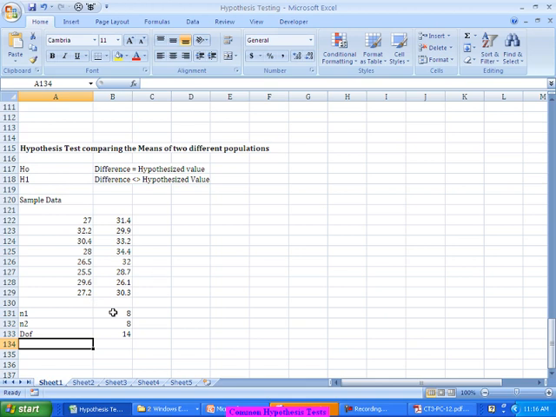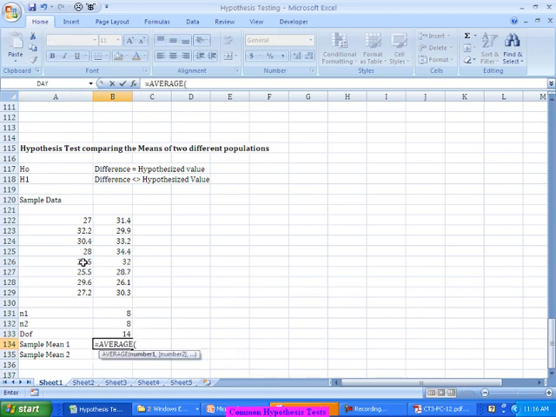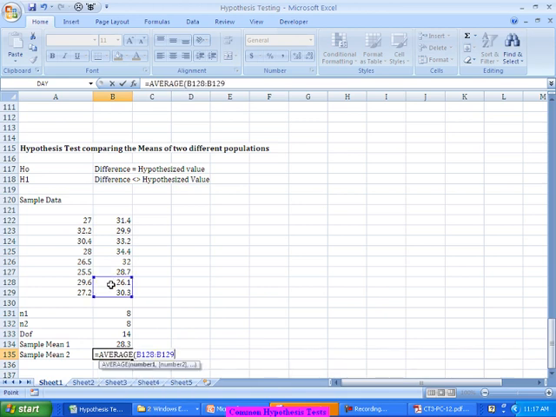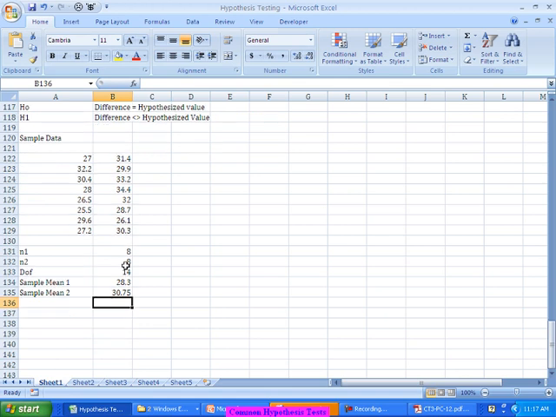All right, and I need sample mean 1, which is x1 bar, and sample mean 2, which is x2 bar. I'm taking the average of the first sample, which results in 28.3. I'll take the average of the second sample, which results in 30.75.